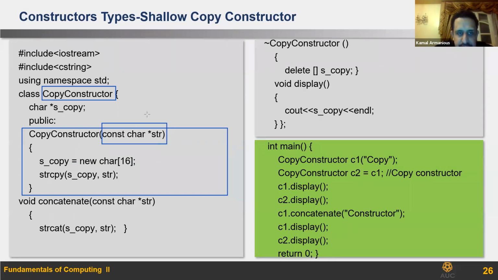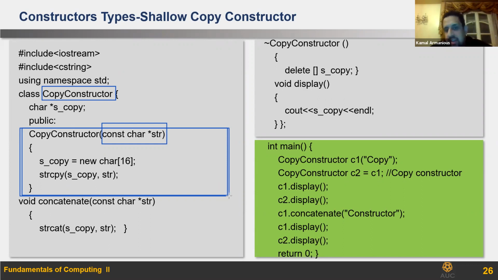If this part is an input, an object that belongs to the class, then this is a copy constructor. And this will be appearing in the next slide. Right. We have one constructor, and this is a normal constructor.